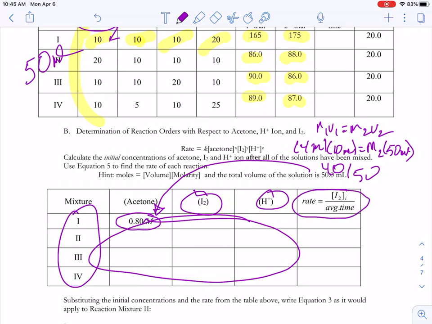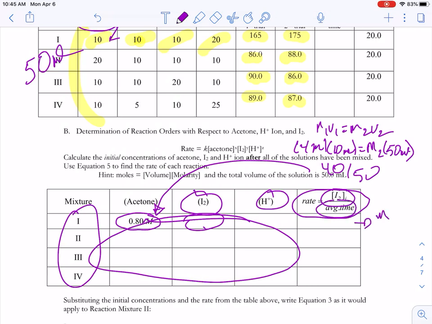Now, to get this rate, we're going to base it off the concentration of the iodine, because conveniently everything here is in a 1-to-1 ratio. So this is what we're going to observe. You're going to know what the concentration of iodine is when you start out, and you're going to know how much time it takes.